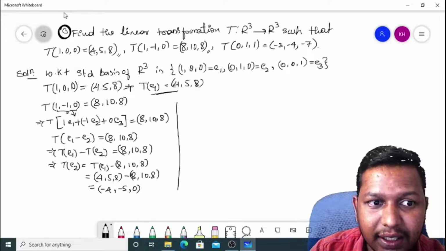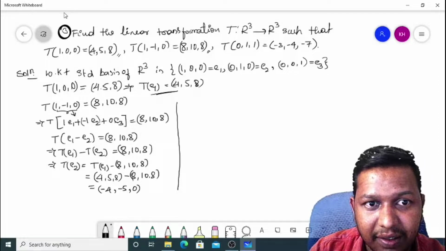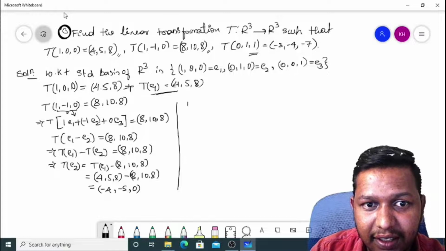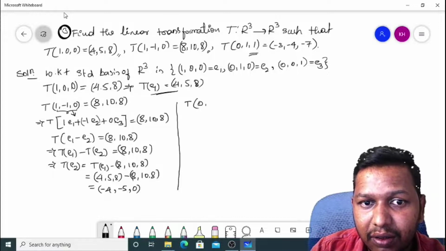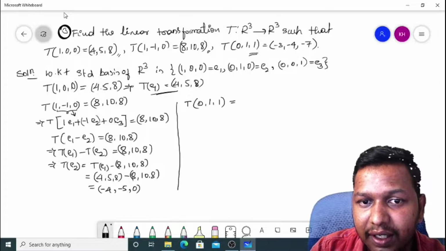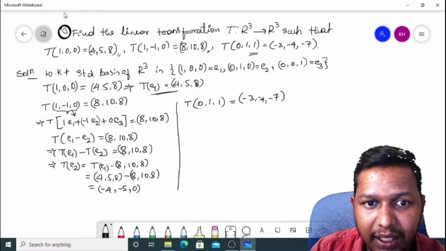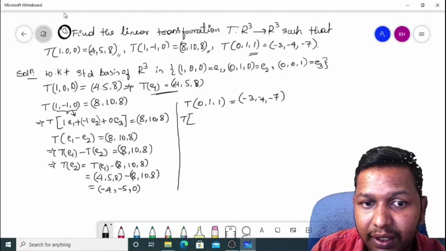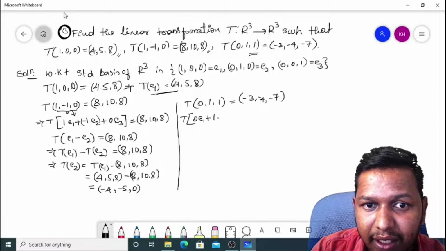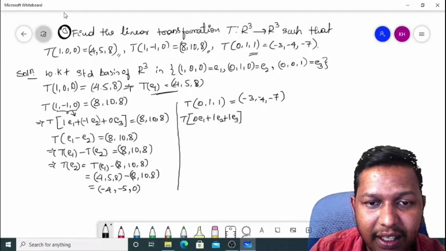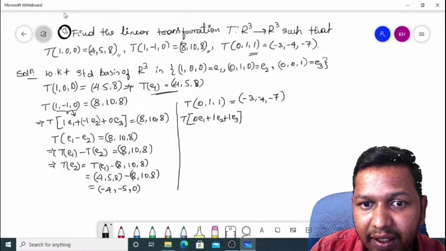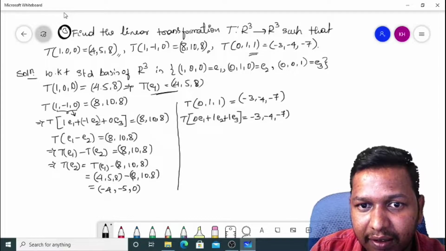Similarly, consider the last condition, T(0, 1, 1) = (-3, -4, -7). This can be written as T(0 into E1 plus 1 into E2 plus 1 into E3), a linear combination of our basis, which equals (-3, -4, -7).